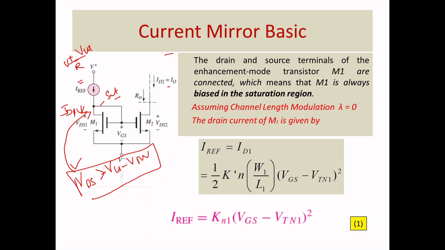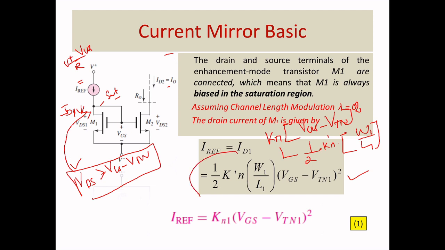So this is the basic MOSFET current equation, that is Kn into VGS minus VTN whole square. What is Kn? Kn is 1 by 2 K dash n into W by L. Here we are writing for transistor 1, so it is written as 1 by 2 K dash n W1 by L1 into VGS minus VTN whole square.